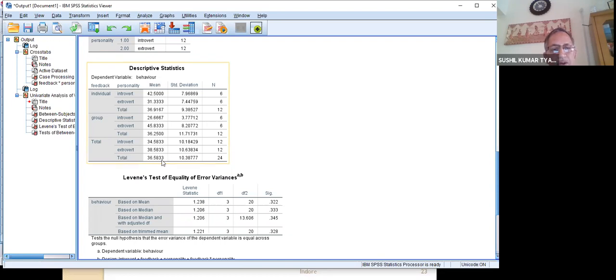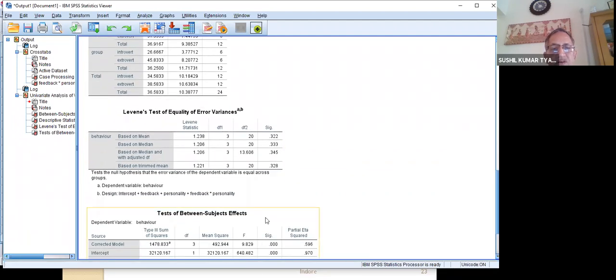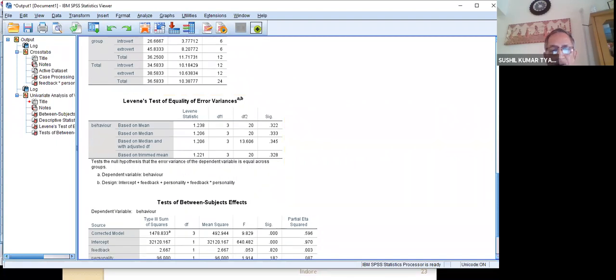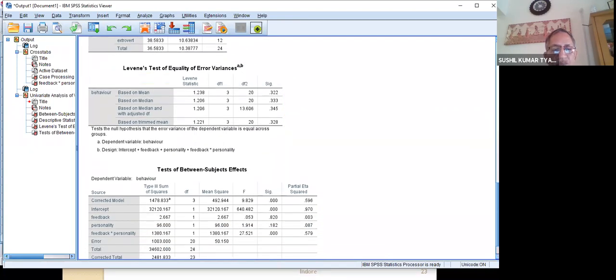Total introvert, extrovert, yeah, this is total. And overall total. Now this is Levene's test for equality of error variance. So we have to check homogeneity of variance. This is based on mean. The p-value is 0.322. It is greater than 0.05, therefore not significant. Therefore, we can assume that error variances are equal. Now come to the main ANOVA test.